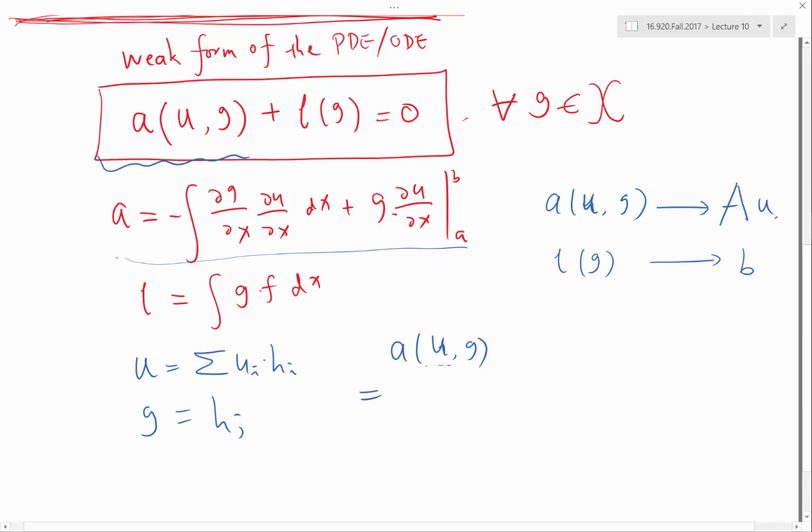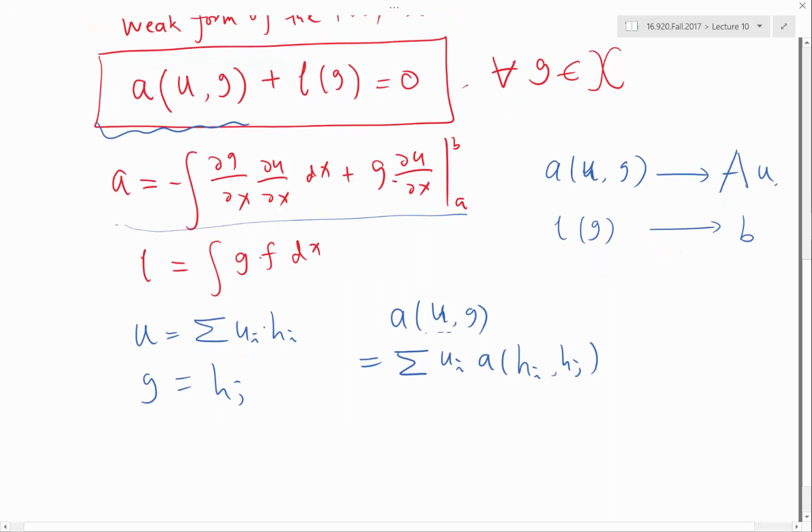So by linearity, I can pull this summation out of this A. So this is going to be equal to summation of UI times A of HI HJ, because G is now HJ, right? My L of G is simply equal to L of HJ by simple substitution.